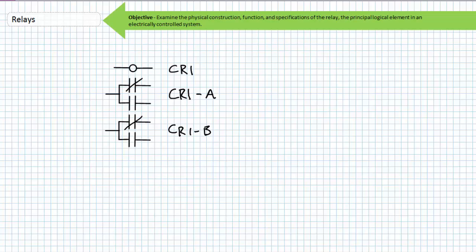The first set of associated contacts is called CR1A, and the second set of associated contacts is called CR1B. You could also call them CR11 or CR12 or anything to distinguish them and make plainly evident that CR1 controls the states of these particular contacts. You'll see in later lectures, I sometimes go to the trouble of actually color-coding the coils and the associated contacts.